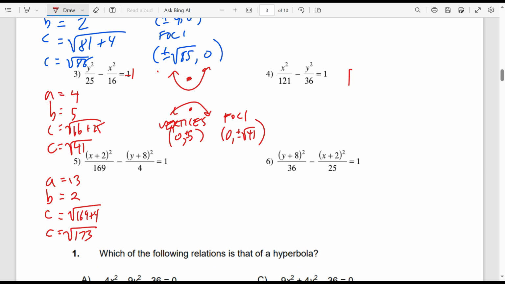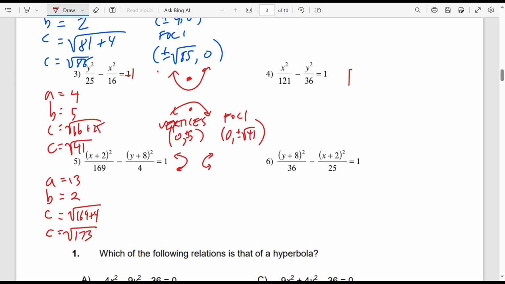While I have all of that information, I now want to figure out the foci, I want to figure out the vertices, and I want to figure out the direction. Well, because this is x squared over a squared minus y plus 8, blah, blah, blah, because this guy's positive 1, I know it's facing left and right.